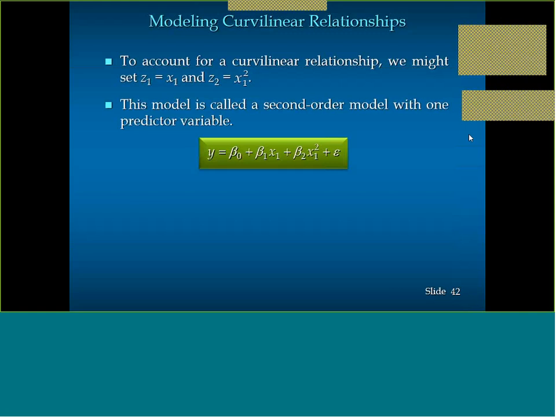That is the beauty here. If you take z1 is x1 and z2 is x1 square, we are able to construct a second order model with one predictor variable. But it can be treated as a multiple linear regression model with x1 as z1 and x1 square as z2. So a second order model with one predictor variable can be treated as a multiple linear regression model.